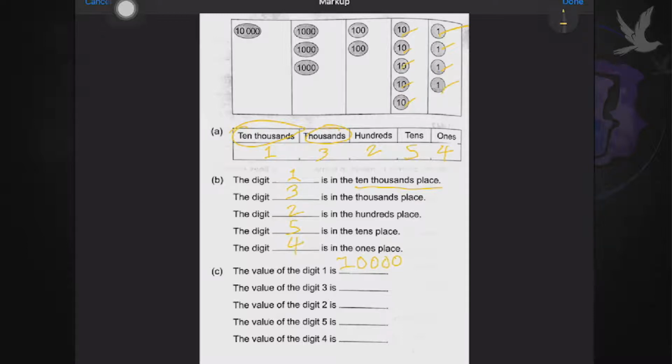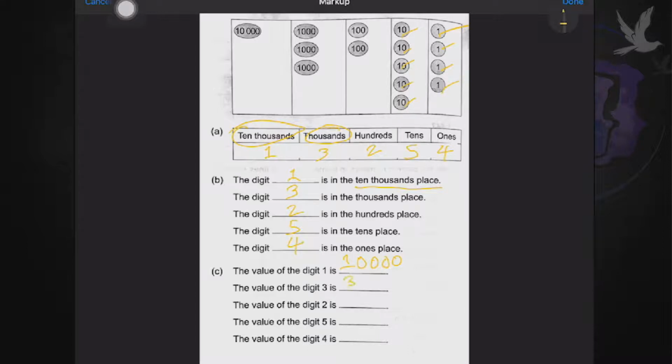If the digit is 2 there, it should be 20,000. If the digit is 3, that would be 30,000. Let me just fix this number here. You might ask me, Teacher Mark, why is your number 1 weird? It's okay.